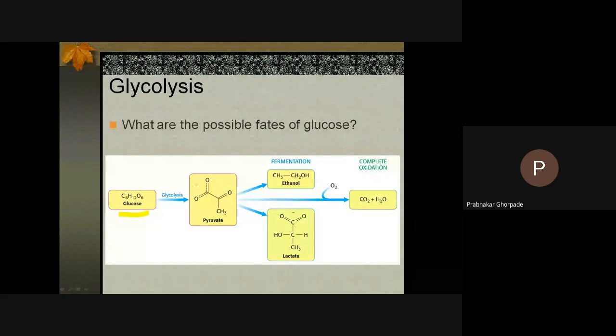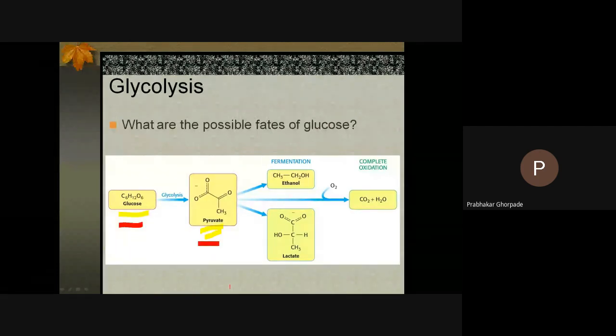When this molecule undergoes glycolysis, it can give rise to pyruvate. Two pyruvate molecules can form from a single glucose molecule. So the direct fate of glucose is that it gets converted into pyruvate.